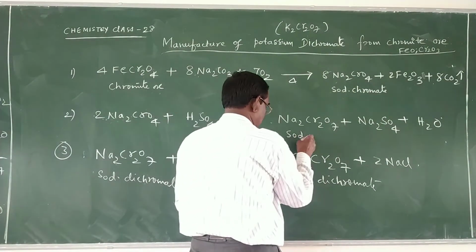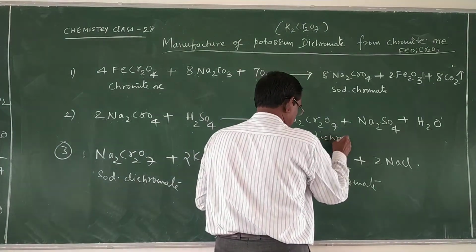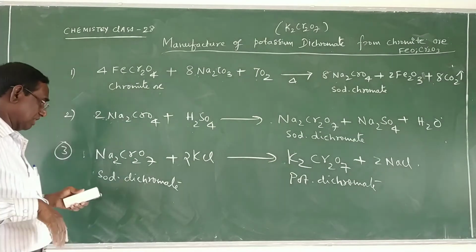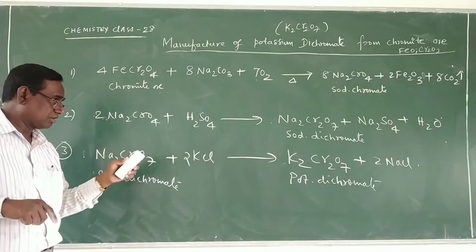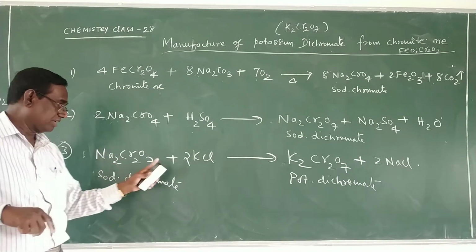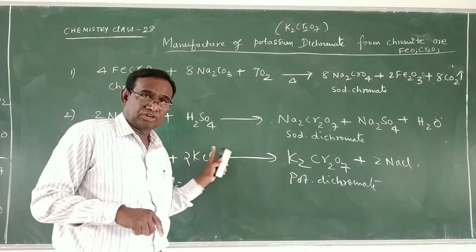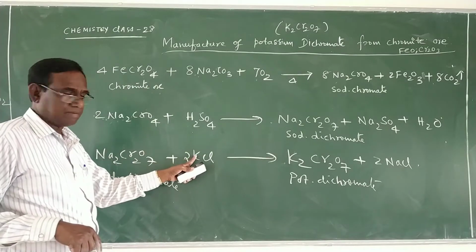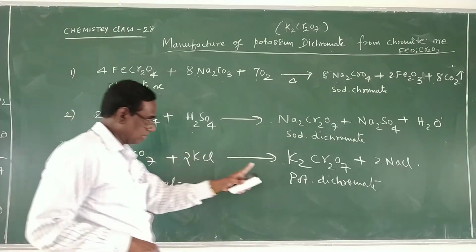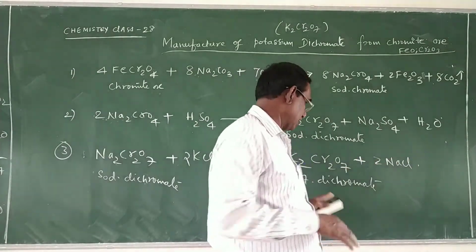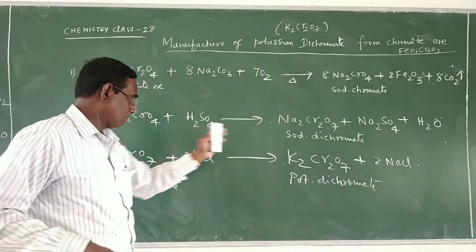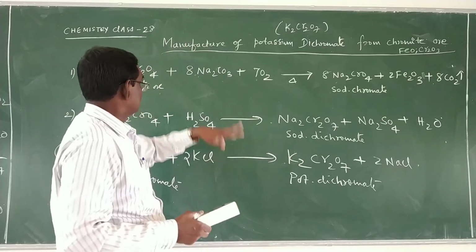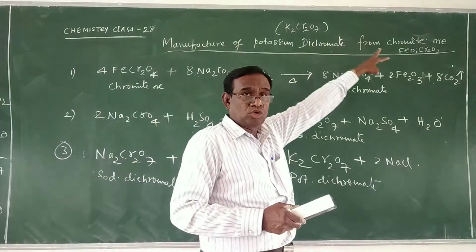This sodium dichromate solution is then treated with a calculated amount of potassium chloride, so that sodium is replaced by potassium and sodium dichromate is converted to potassium dichromate. These are the three steps by which we can manufacture potassium dichromate from chromite ore.